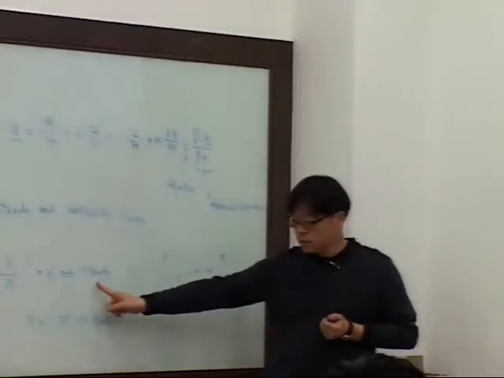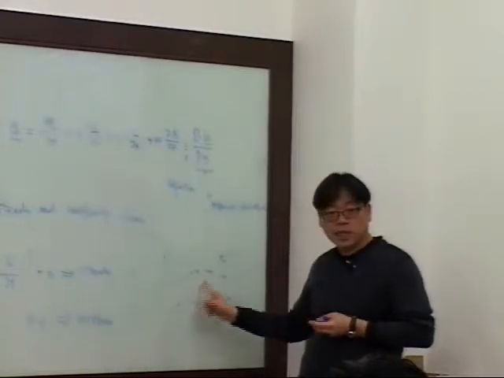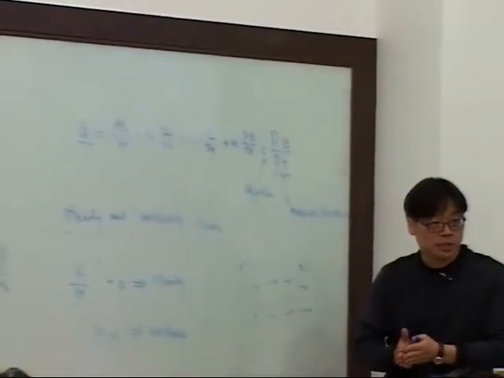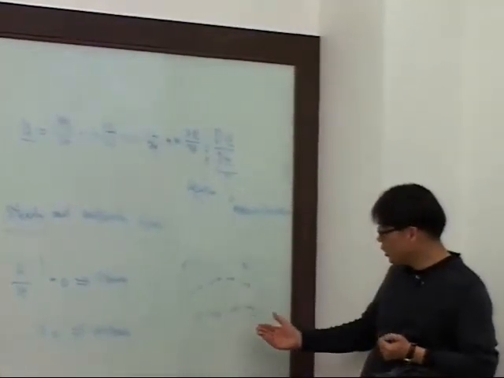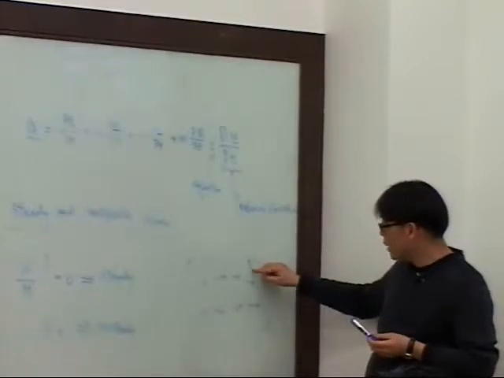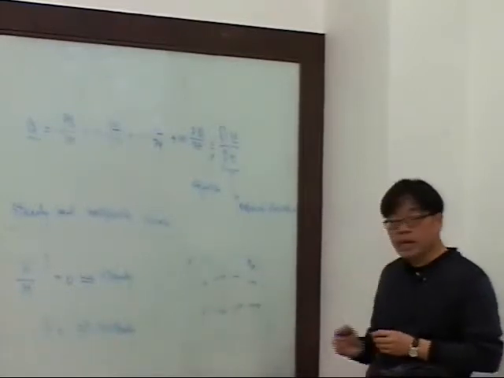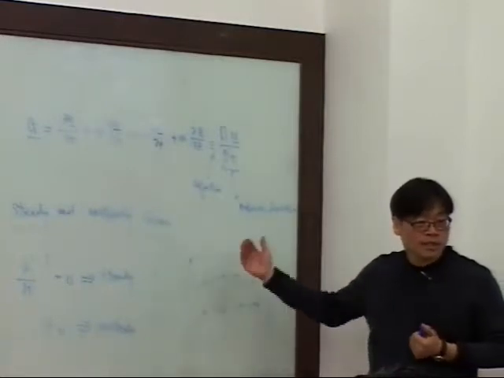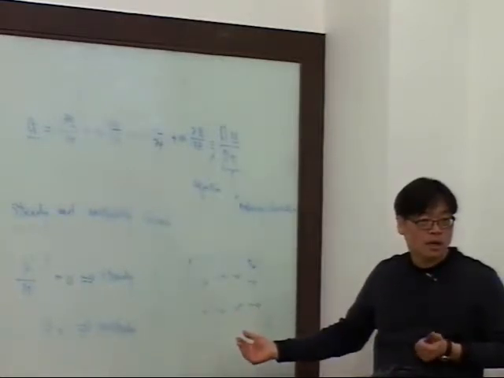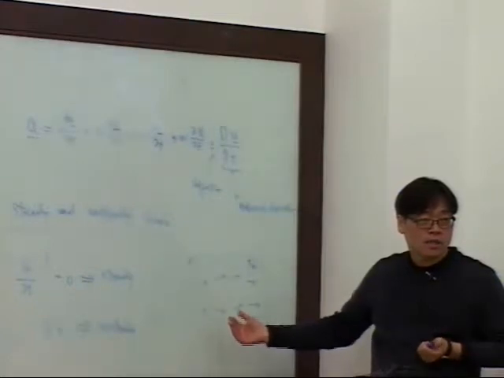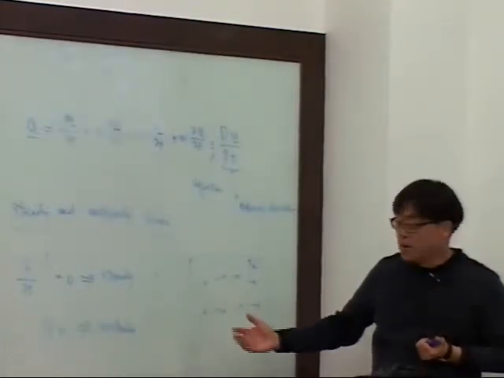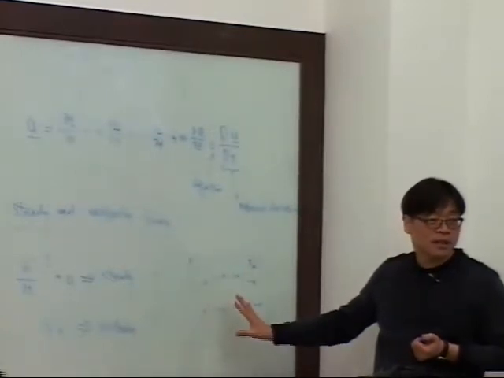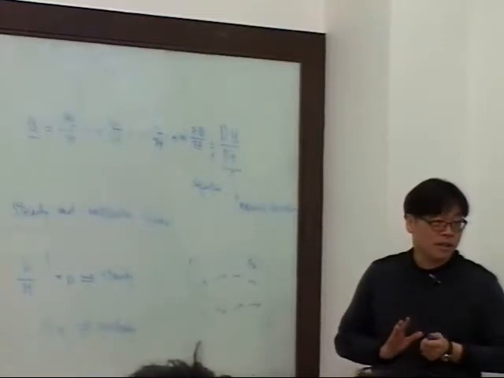Based on this definition, the velocity field doesn't depend on time explicitly. So at t equal to t1, I see this. What happens if I look at the same velocity field at time t equal to t2, which is different from t1? Do I get the same or not? Since the velocity field doesn't depend on time, I would see exactly the same velocity field. That's what I mean by steady flow.